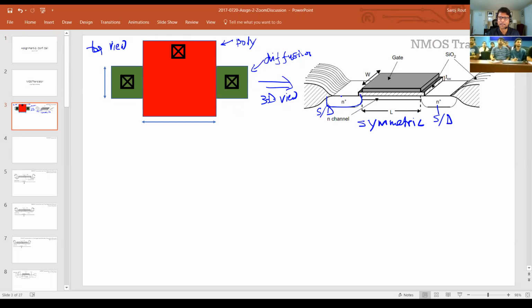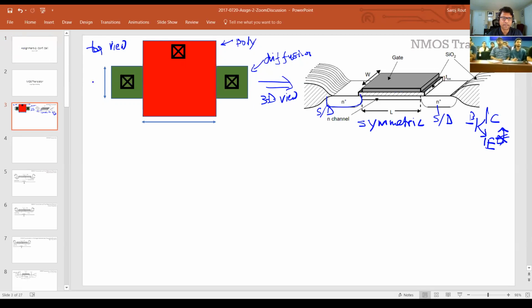In BJTs, for example, you have a collector, base, and emitter, and this is fixed in the device. You cannot interchange collector and emitter. But in a MOS, you can do that, and I'll show in a little bit. Some of you are probably aware of it.